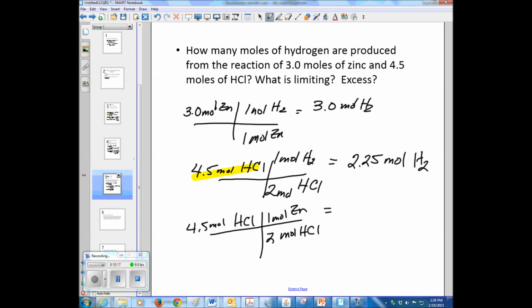So 4.5 divided by 2 is 2.25 moles of zinc used. How much did we start with? We started with 3 moles. We used 2.25. So we have 0.75 moles of zinc left over.